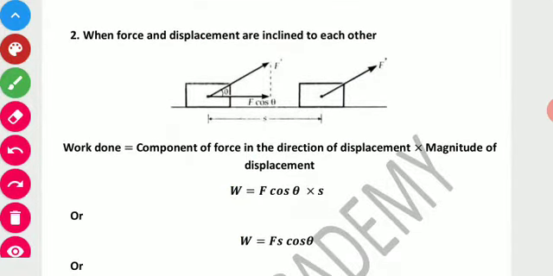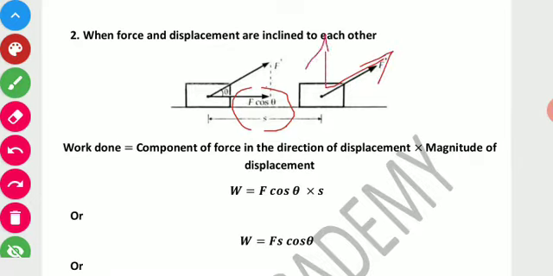Secondly, when force is applied at some angle theta, then we will take the F cos theta component of this force, because here the force is divided into two components.